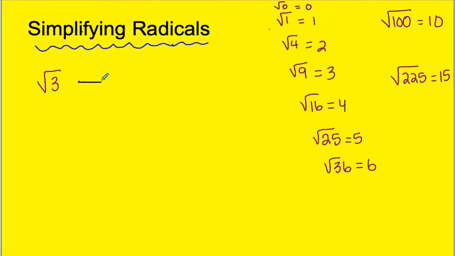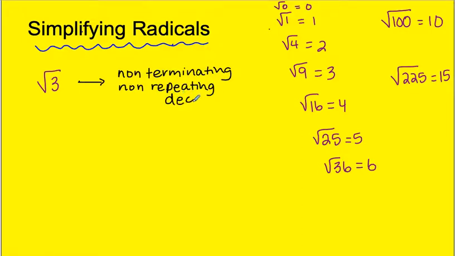That means that if I put it in my calculator, I'm going to get a non-terminating, non-repeating decimal. So it's an irrational number. It can't multiply with a real number like 2. So we've got to find ways that maybe we can simplify and pull out these perfect squares if they're in them. The square root of 3 is in its lowest form. There's nothing I can do with it.